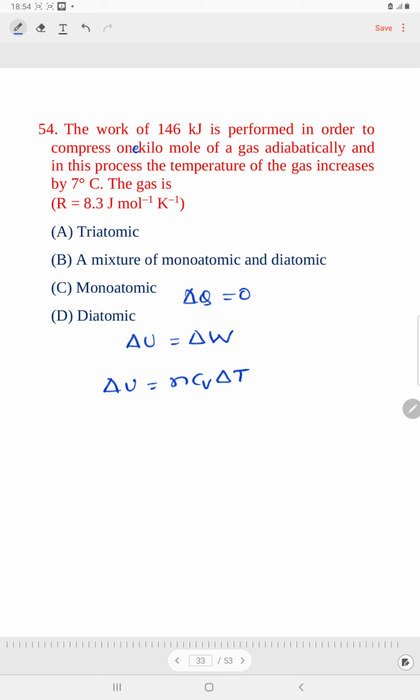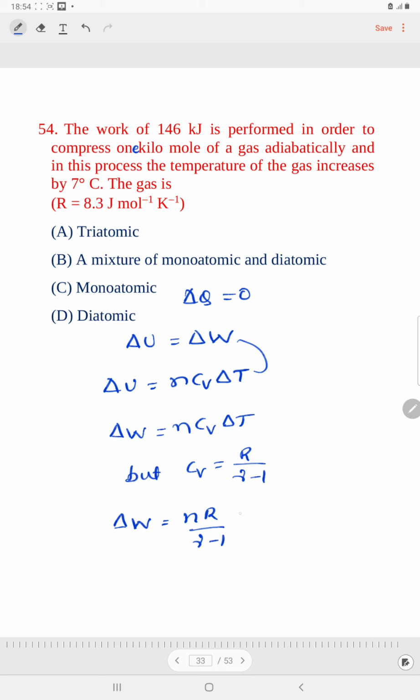If you calculate delta U, then that itself is work done. Delta U is delta W, students, but delta U is n Cv delta T. So I can write work done is equal to n Cv delta T. But as I already showed in the previous cases, Cv is expressed as R divided by gamma minus 1. Let me substitute that. Delta W is equal to n into R by gamma minus 1 into change in temperature.